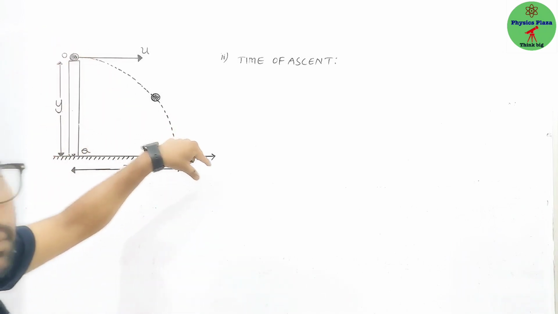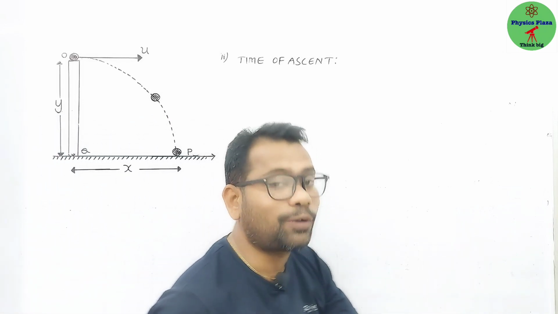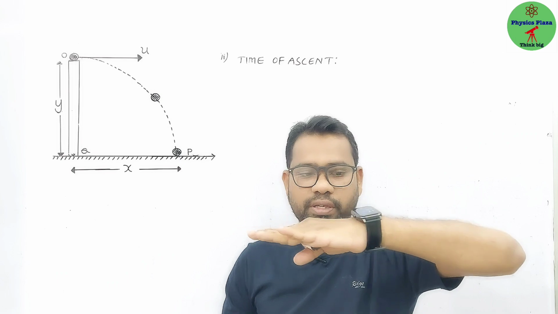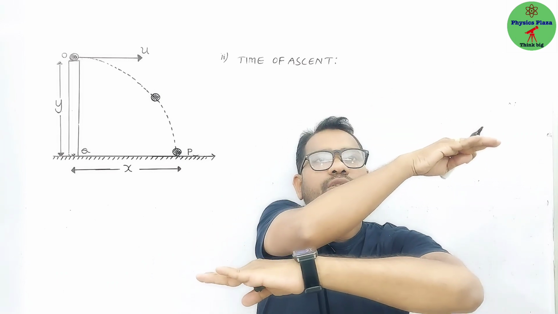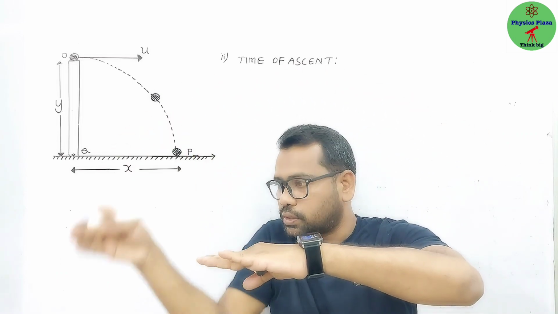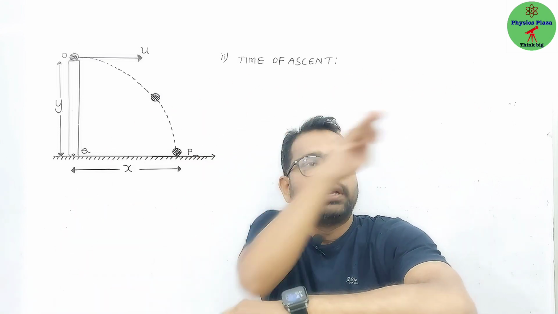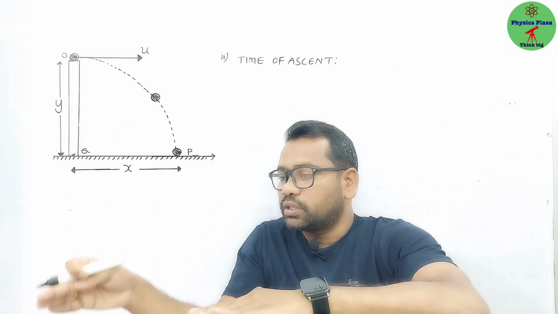The time taken by the projectile to reach the ground, the point on the horizontal. From here it is projected, it goes along the path and reaches here. For this it takes some time. This time taken we can call the time of ascent.